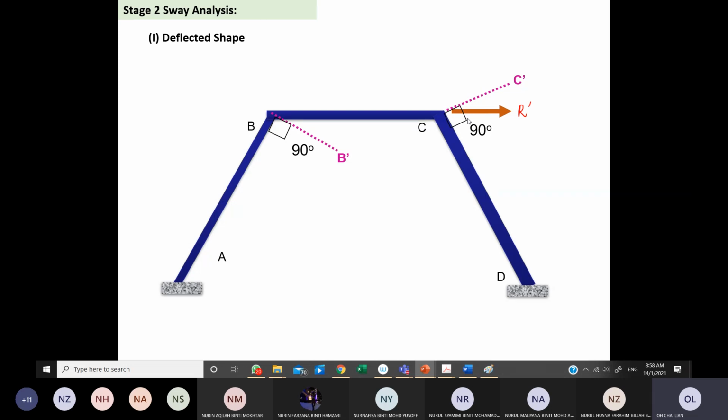Another thing is that A and D are not going to move anywhere because there is restraint by the support. Next we can draw a line through the new positions of the joints to show our deflected shape. It will look like this. Can you do it?